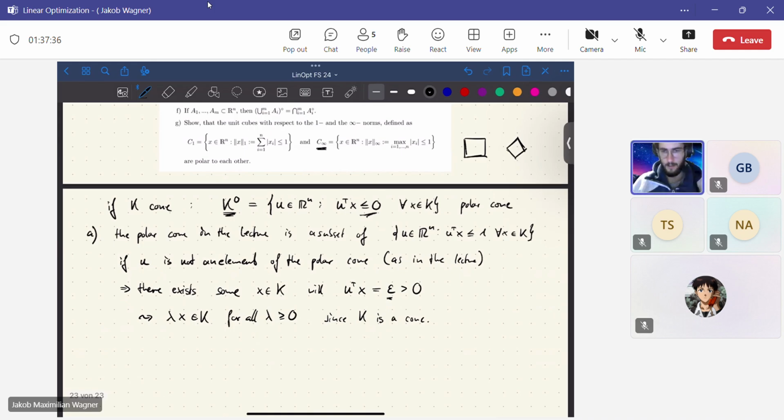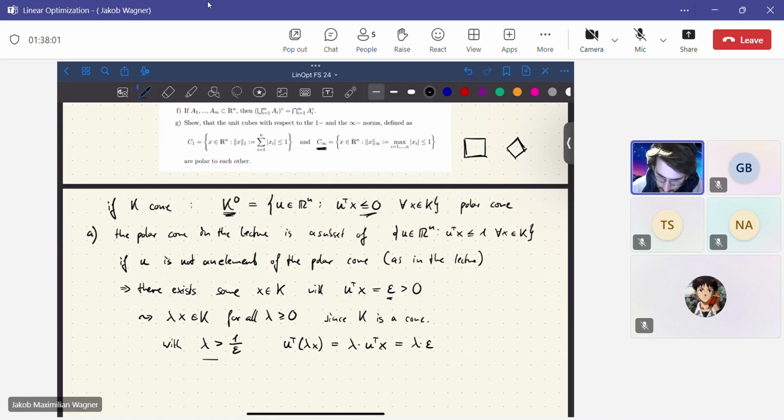And so if we especially again choose lambda large enough, so for example, greater than 1 over epsilon, what do we get? We get that U transpose lambda X is lambda U transpose X, which is lambda times epsilon.